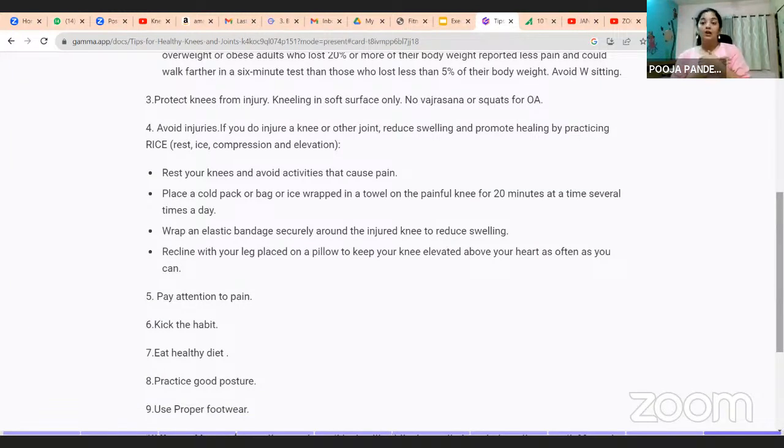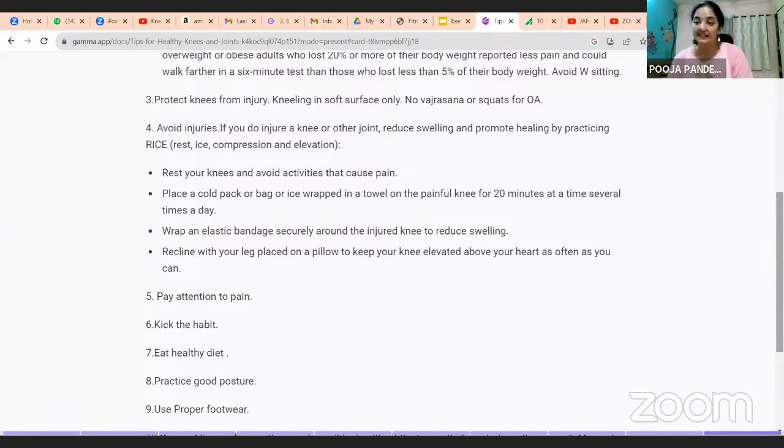Even coffee and tea. A lot of coffee and tea is also dehydrating. So kick coffee, tea, smoking, alcohol off your life, because that is going to affect your joint. Because the more hydrated you are, the more your joints will say thank you, thank you, thank you. The more dehydrated you are, the joints are going to give you pain.